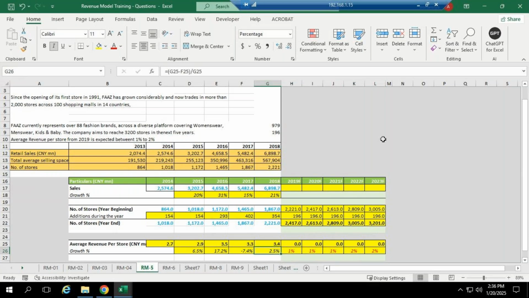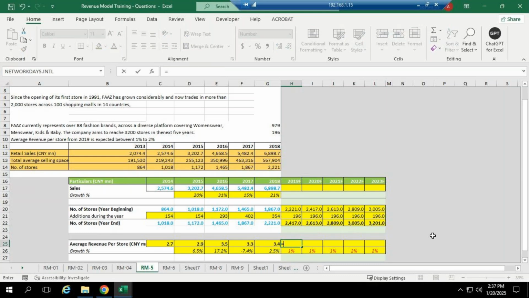So now again we will calculate this percentage. Is equal to this 3.4 into 1 plus this percentage.